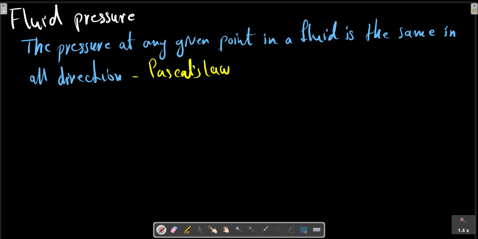We may prove this by considering the equilibrium of an infinitesimal triangular prism of fluid as shown in this picture.